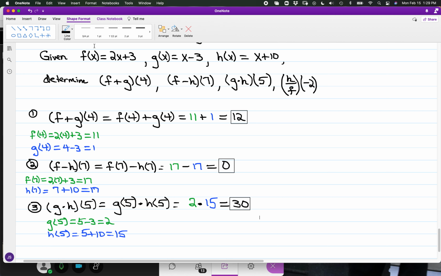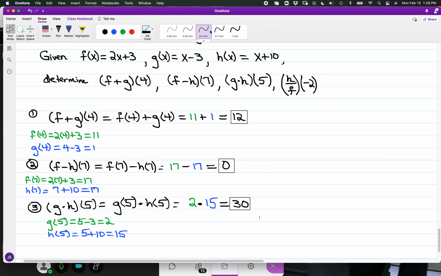Okay. And then we have for the case of division. So for h over f of negative 2, we're going to have h of negative 2 all over f of negative 2.